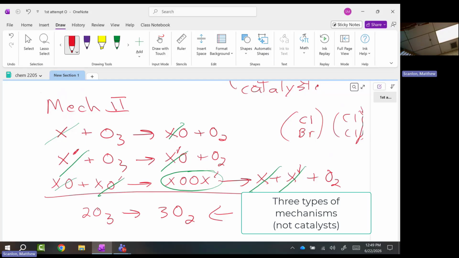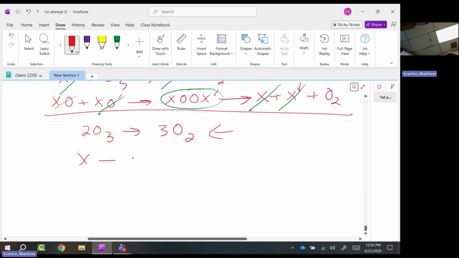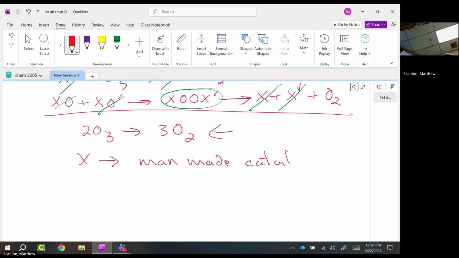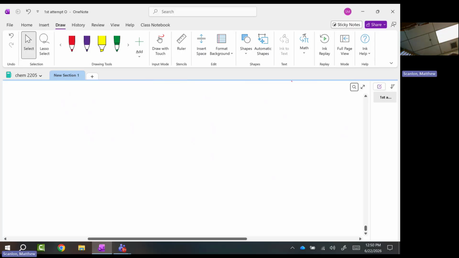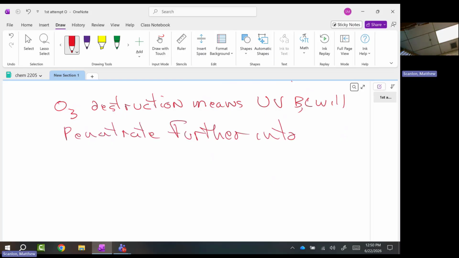Now, this is not good, but it's not bad. X becomes bad when we put X in as a man-made catalyst. Now, what's the result of this? It's a little bit tricky because the ozone destruction means UV C and B will penetrate farther into the atmosphere, specifically the stratosphere.